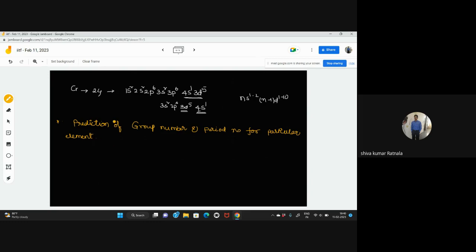How can we calculate it? First we need to write the electron configuration, as I told you earlier. Without writing the electron configuration, we can't do it.